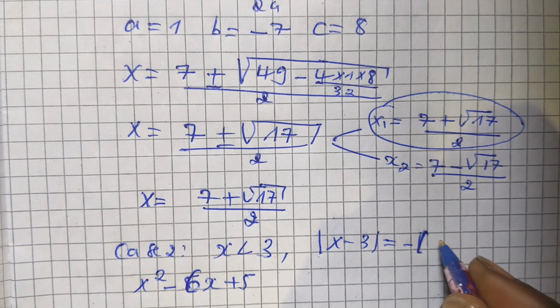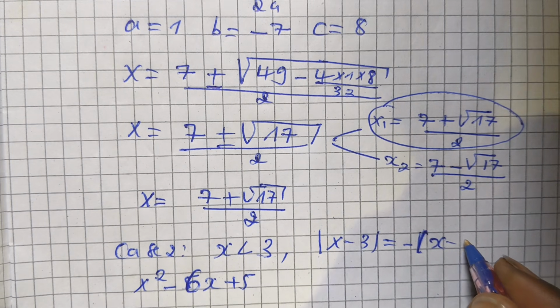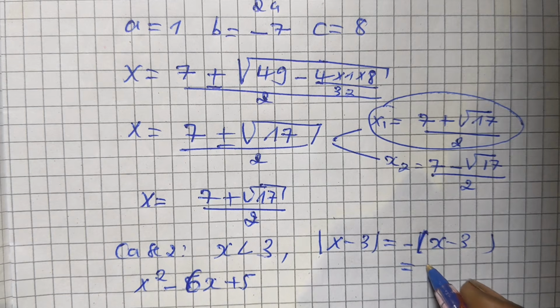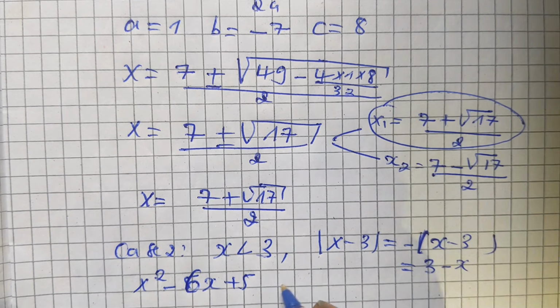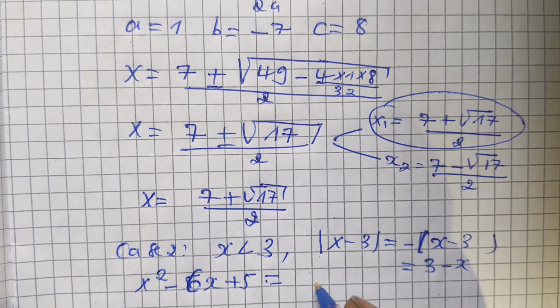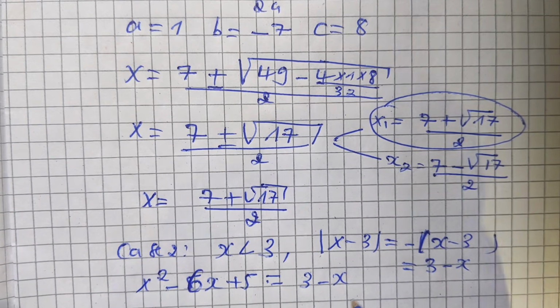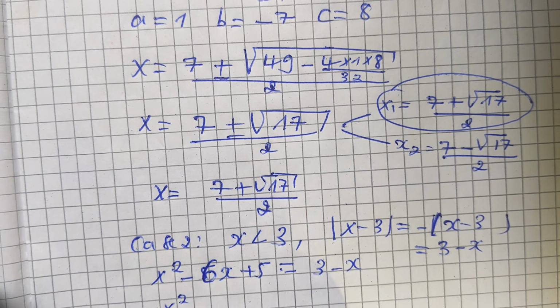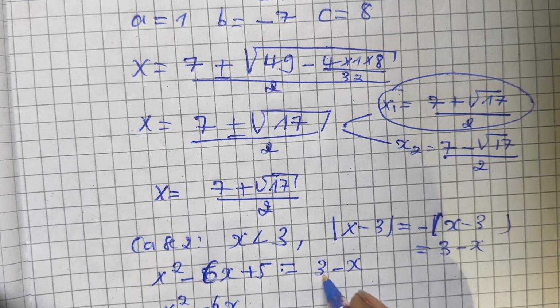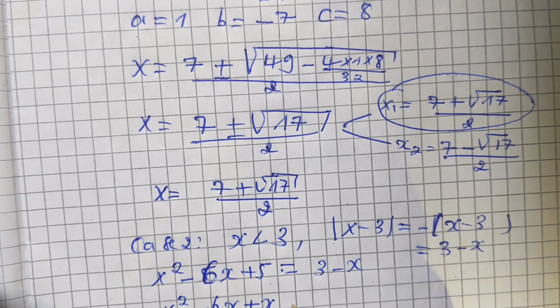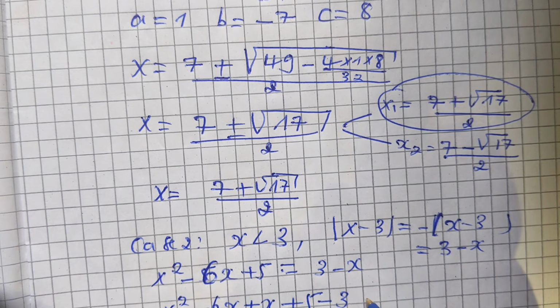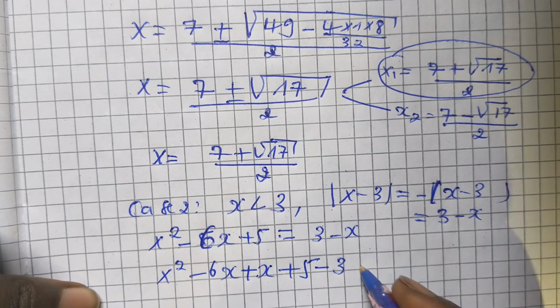Yes, negative 1 times x negative 3 will be giving us 3 negative x. So it will be equal to 3 negative x. And then x squared negative 6x, then this x will be having positive plus x, then plus 5 negative 3 equals 0.